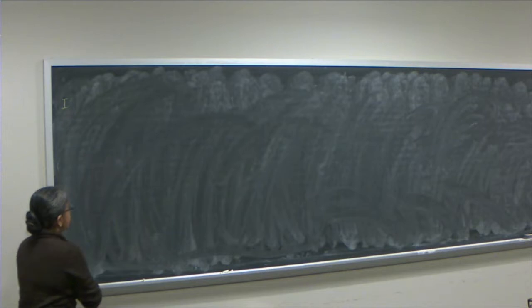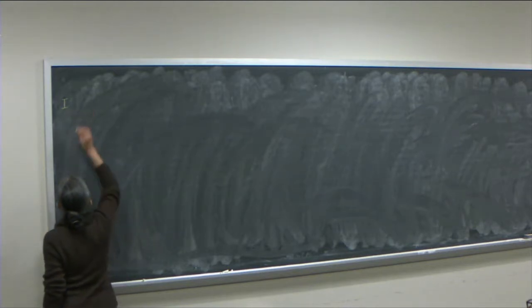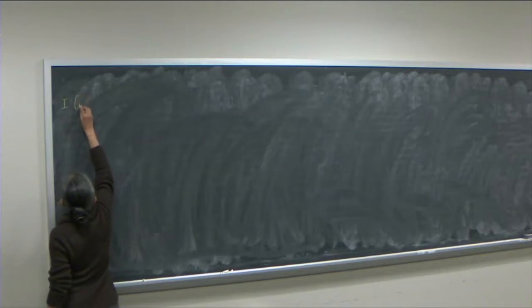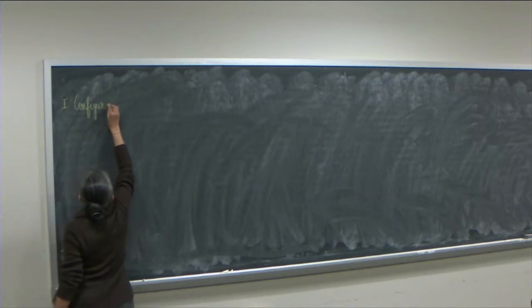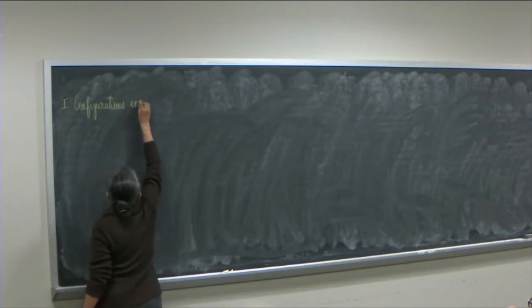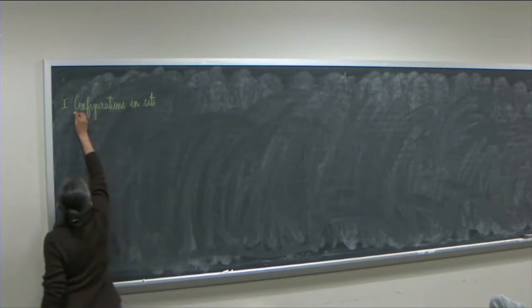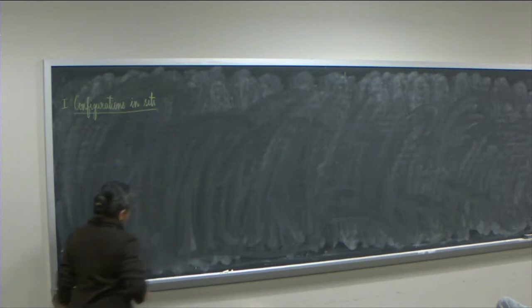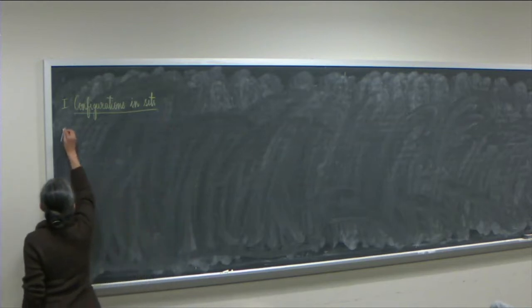Okay, so there are two kinds of problems that I want to at least mention before specializing to one of them. One broadly falls under what I call configurations. So what exactly does this mean? Here's a prototypical question.